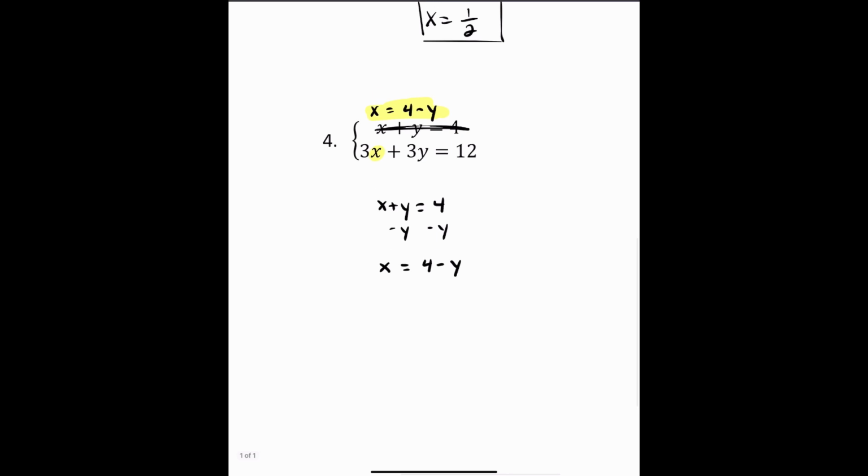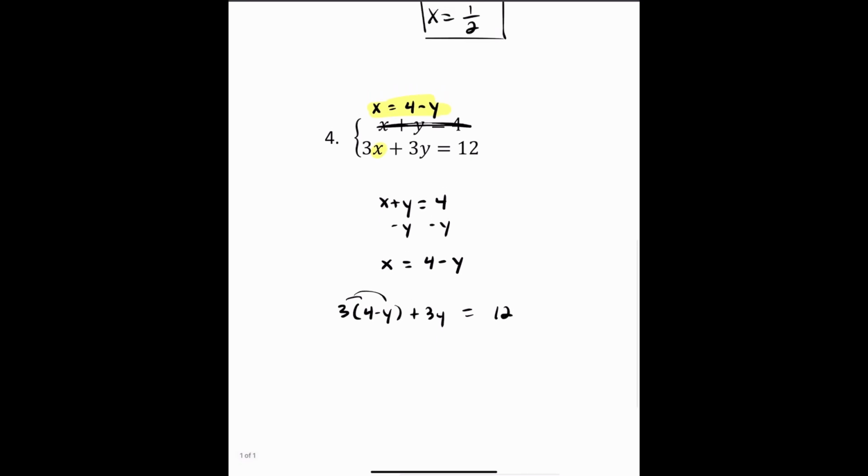So I have 3 times the quantity of 4 minus y, plus 3y equals 12. And let's go ahead and use the distributive property here. So we have 3 times 4, that's 12, minus 3 times y, that's 3y, plus 3y equals 12.